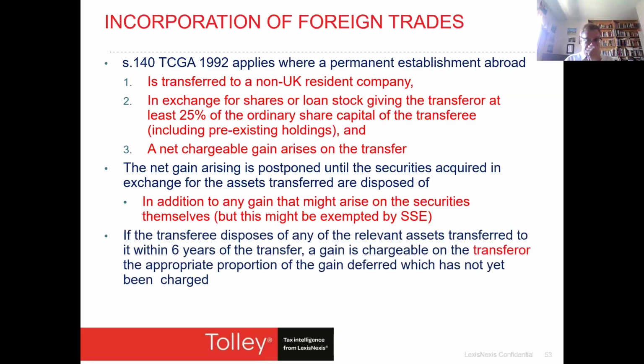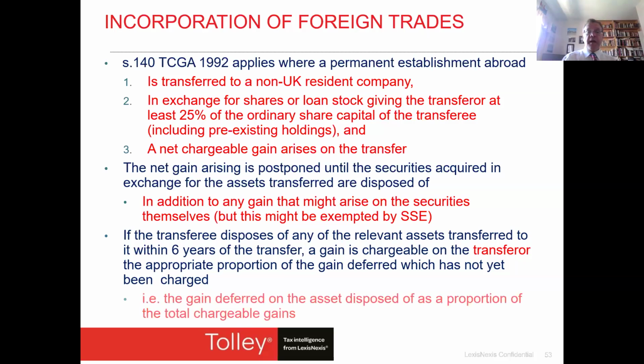If the transferee disposes of any of the relevant assets transferred to it within 6 years of the transfer, a gain is chargeable on the transferor. The appropriate proportion of the gain deferred, which has not yet been charged, i.e. the gain deferred on the asset disposed of as a proportion of the total chargeable.